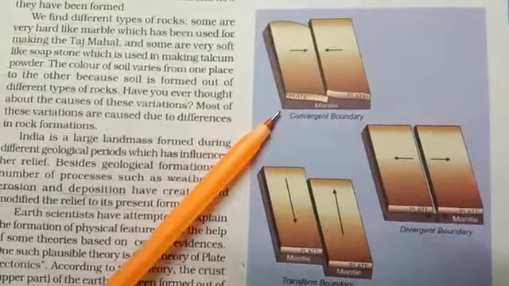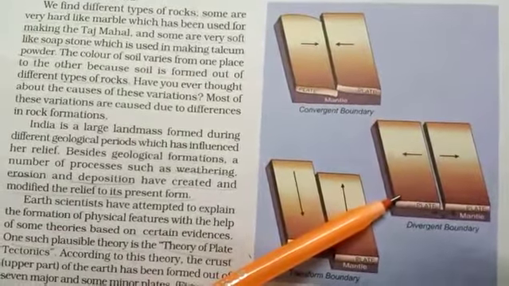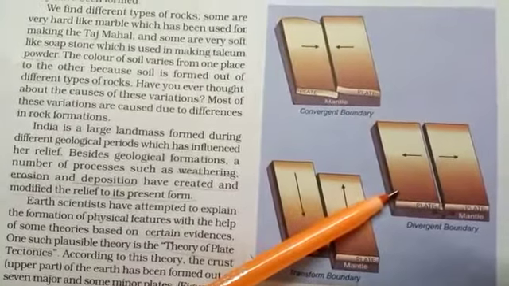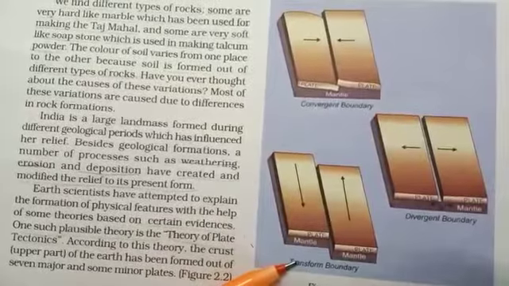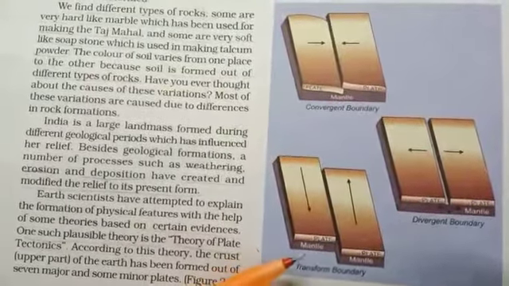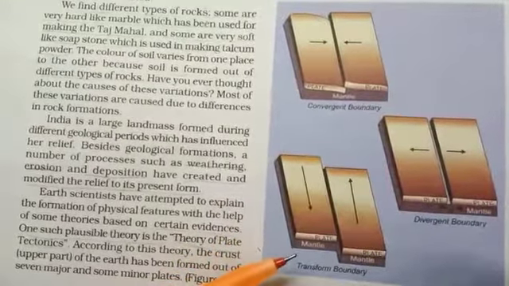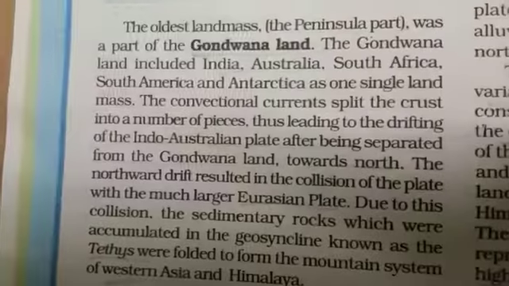Second one, when two plates move away from each other, this type of boundary is called a divergent boundary. And third one, when two plates move horizontally past each other, this type of boundary is called a transform boundary.